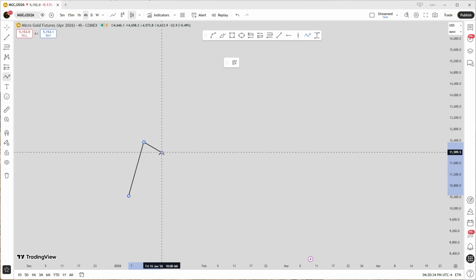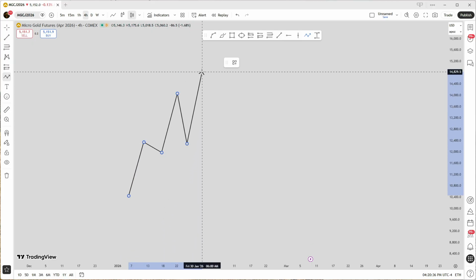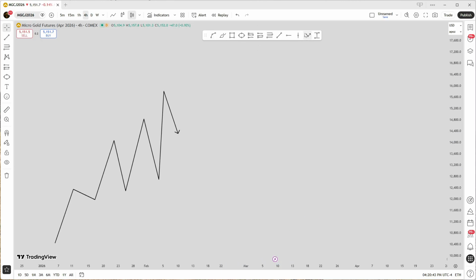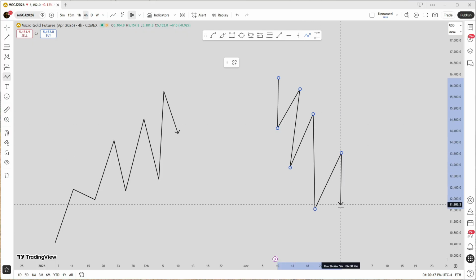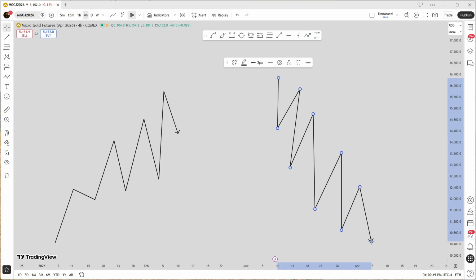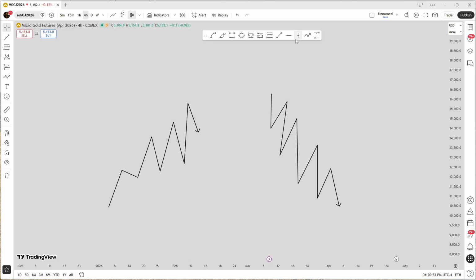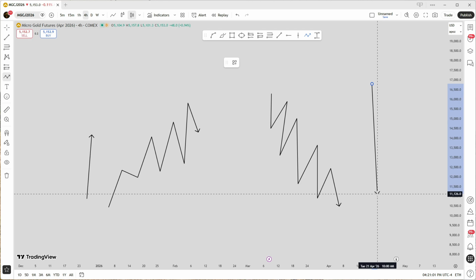This is an uptrend. The market goes up and it moves like stairs going up. This is a downtrend. This is when the market is going up, and this is when the market is going down.